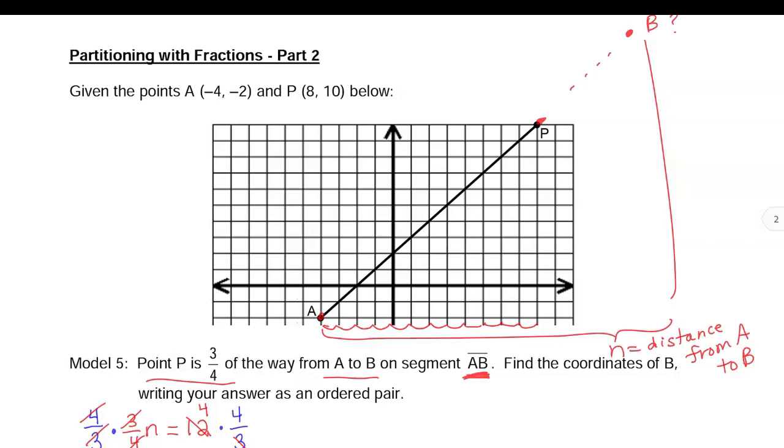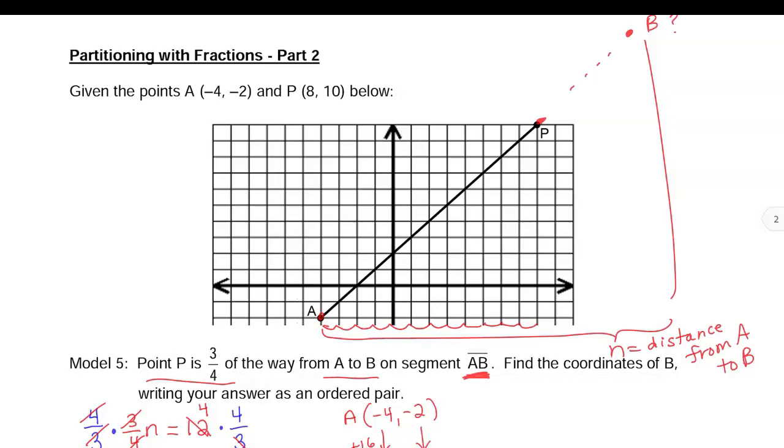So now all I need to do is take the ordered pair for A, which is -4, -2, and I can add 16 to -4, which will get me +12.